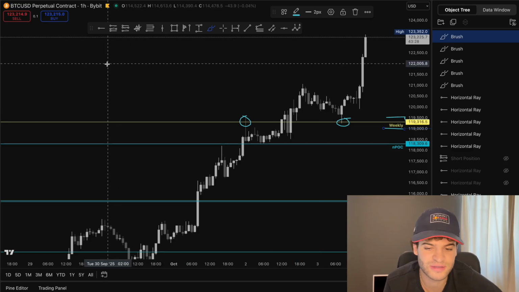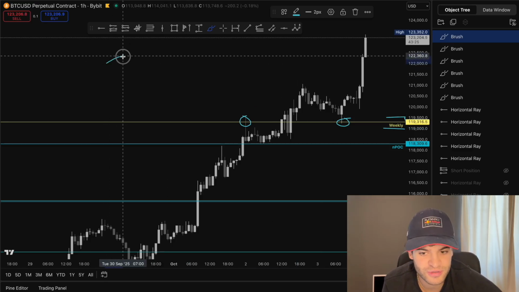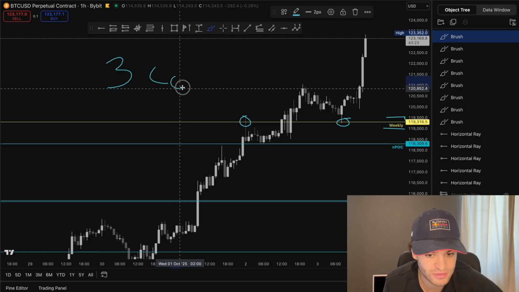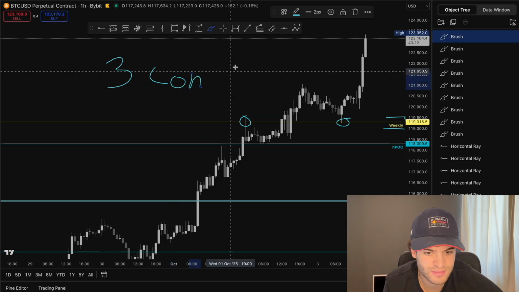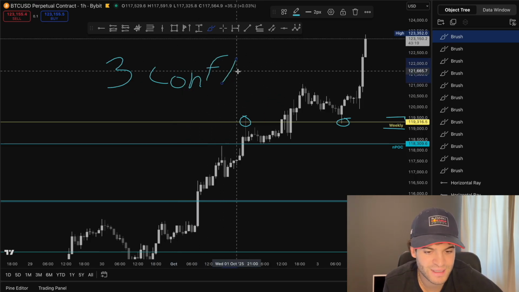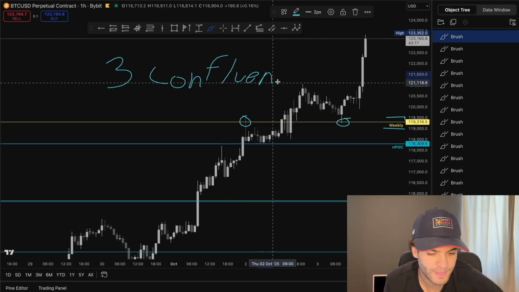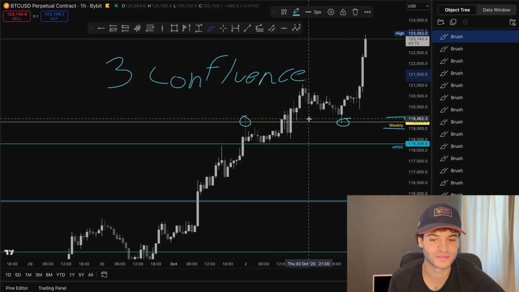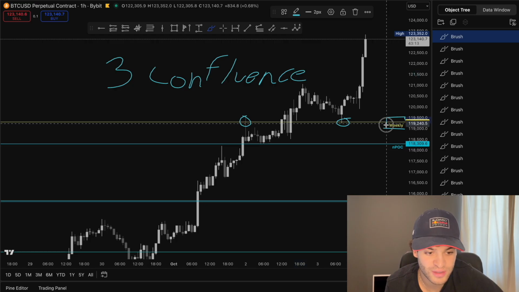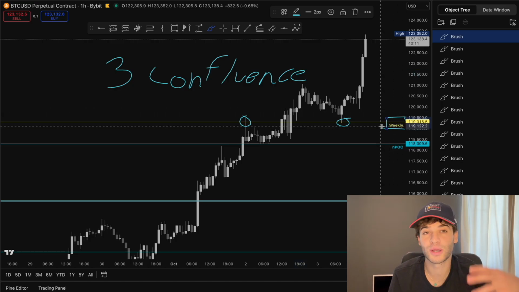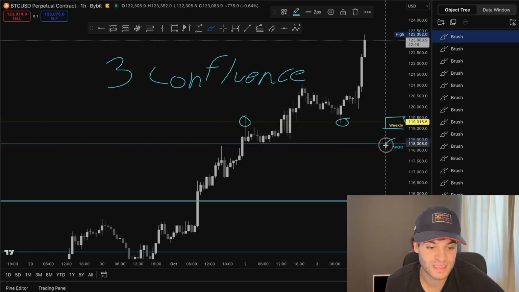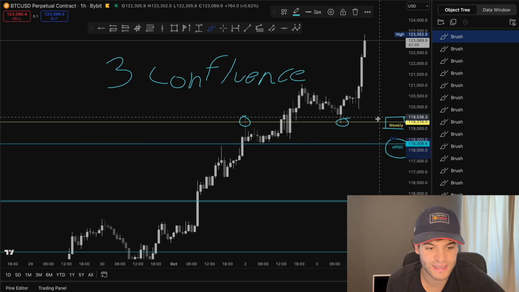Support is typically for me made up of 3 confluence levels minimum, otherwise I don't trade it. Confluence basically means that you want many reasons why that level can hold as support, not just one. This is just one confluence. Having a weekly is one reason why this is support. But then, for example, I have a naked point of control that is lining up with it.